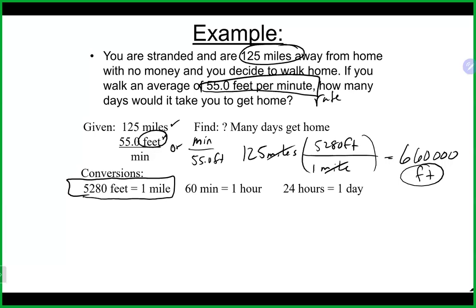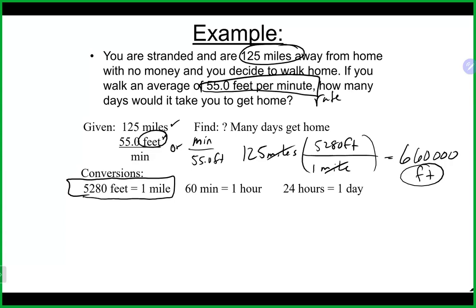Hours will cancel, right? So remember, 60 seconds in a minute, 60 minutes in an hour, only 24 hours in a day, not 60. People do that all the time on exams. So we're going to take our 660,000. We're going to basically multiply it by 1 on top. There's not really much to multiply. We're going to hit equals. We're going to divide by 55, hit equals.